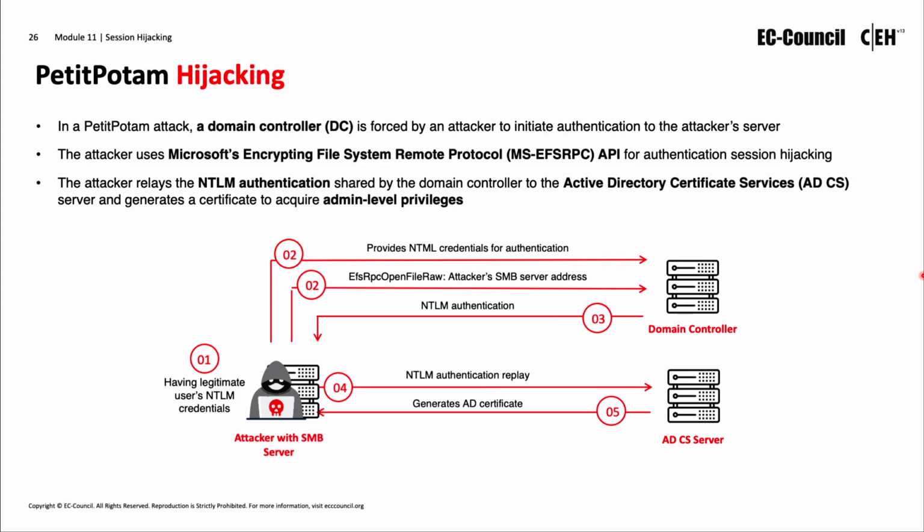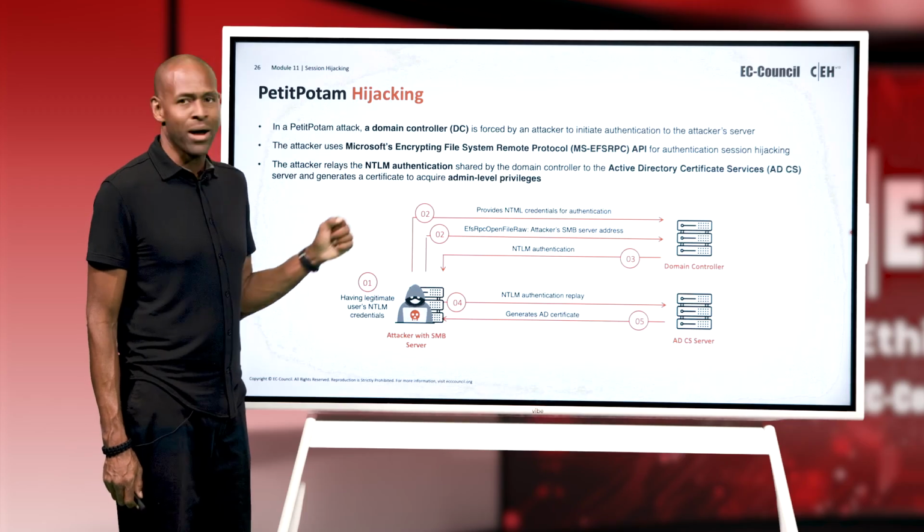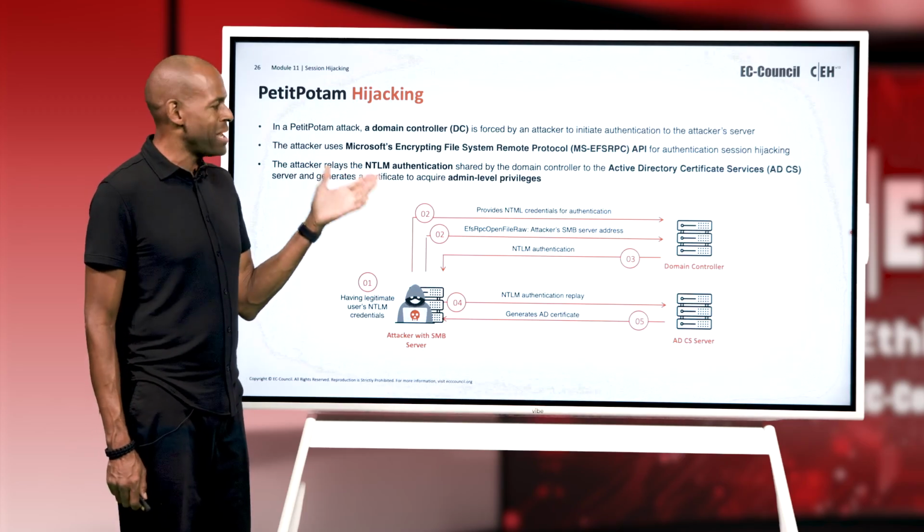There's another one called PetitPotam. PetitPotam is an attack that takes place on a domain controller. We've already talked a little bit about some domain controller attacks, but I want to focus on the technology that this is a part of, and that is Microsoft's Encrypting File System Remote Protocol API. There's another thing I want you to know about this: they're going to relay NTLM authentication. So again, we're using NTLM authentication, and this is what makes this possible.